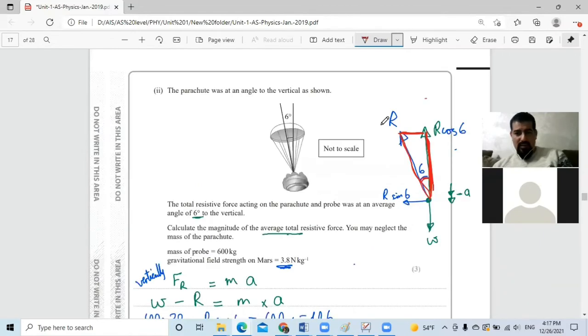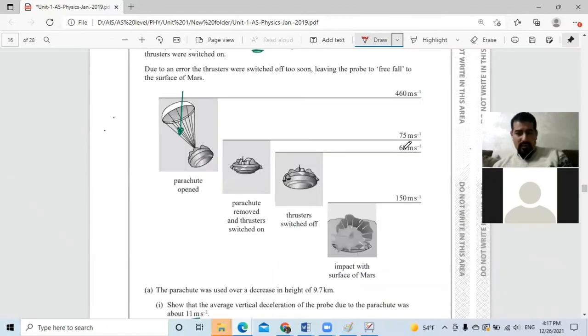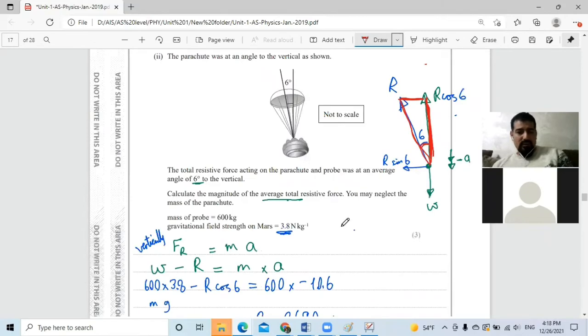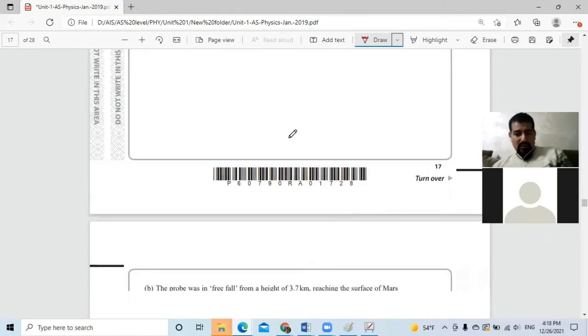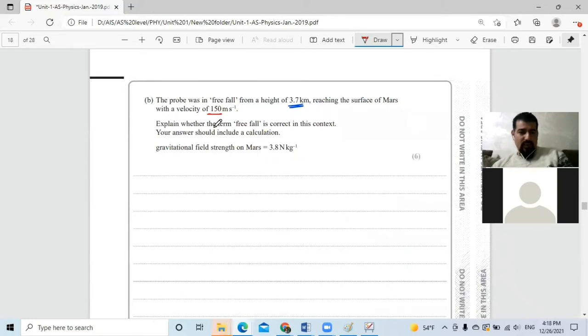So it increased the speed from 68 to 150 in a free fall, by a distance of 3.6 kilometers. Explain whether the term free fall is correct in this context. Your answer should include calculation. 6 marks.